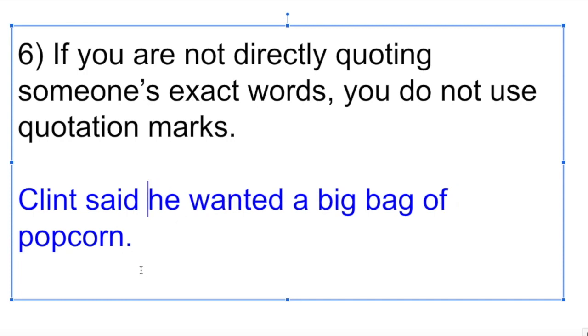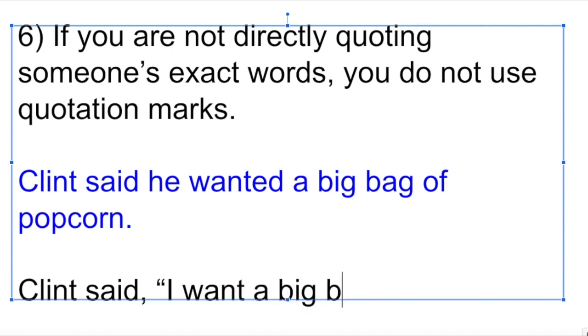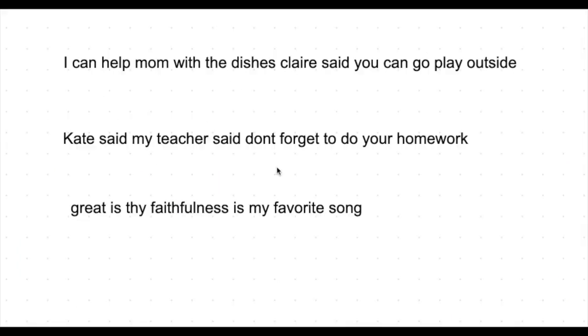Now, if we wanted to have a direct quote here, we could say, Clint said, "I want a big bag of popcorn." If that was his direct quote, then you could put quotation marks around it. But if it's not what somebody said, you don't put quotation marks around it.